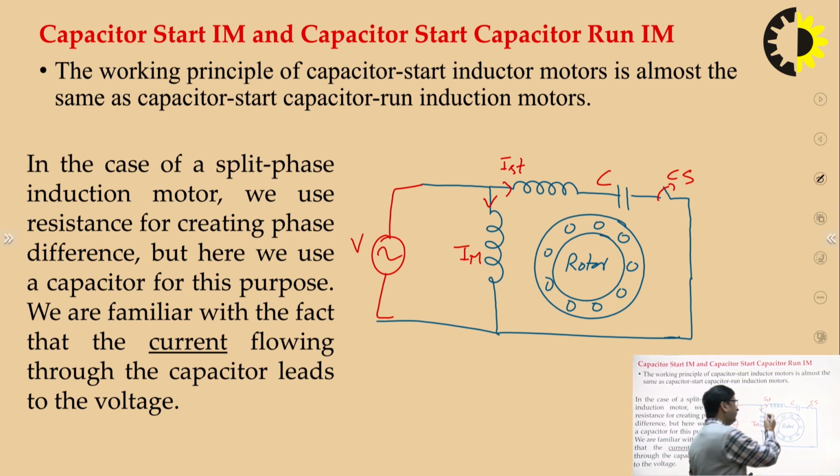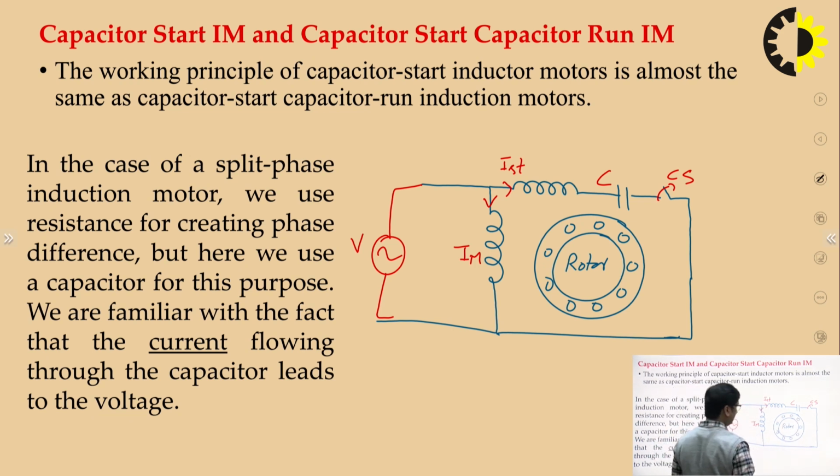So whenever the current flows in this winding, the starting current will lead the voltage, and the current in the main winding will lag the voltage. If we take the resultant of the two, that is the angle between the two currents, the angle will be large, that is the torque angle will be more. I will show this by drawing the phasor diagram.